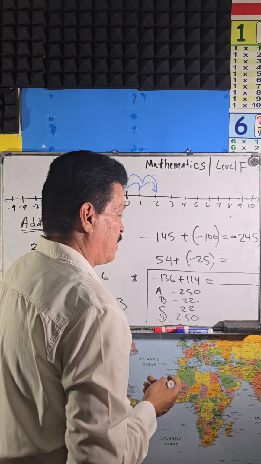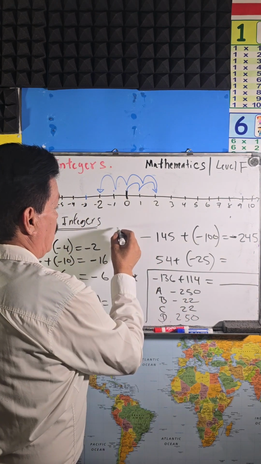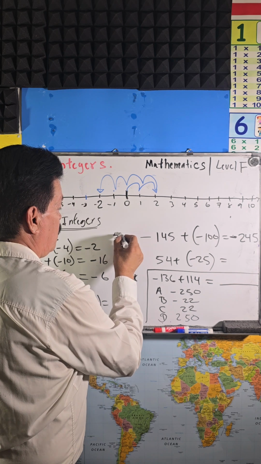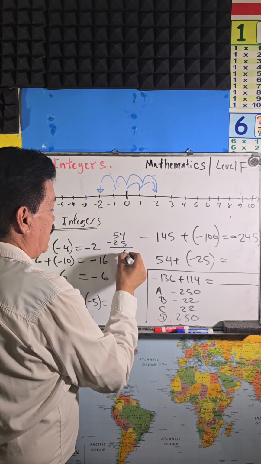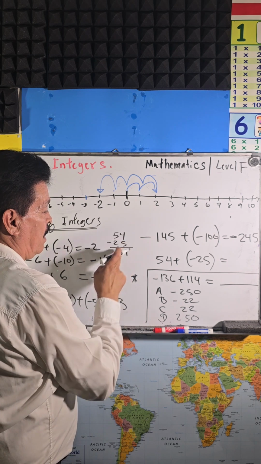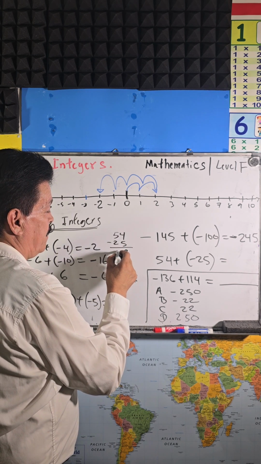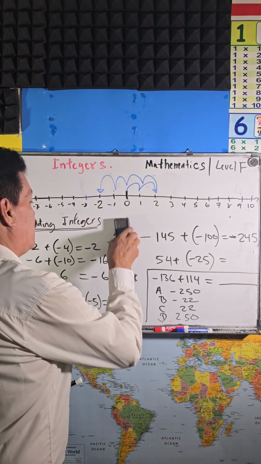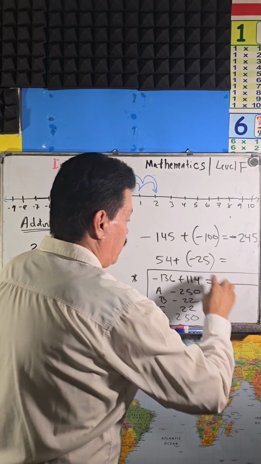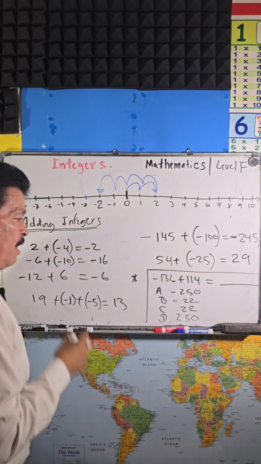This is our answer. Okay, this one, 54 minus 25. Let me write right here. This is 9, and then we have 2, 29. So this is the most difficult problem. So here we have to write 29, the answer.